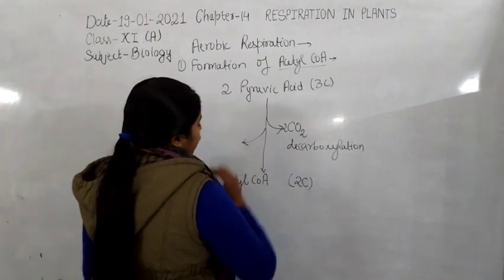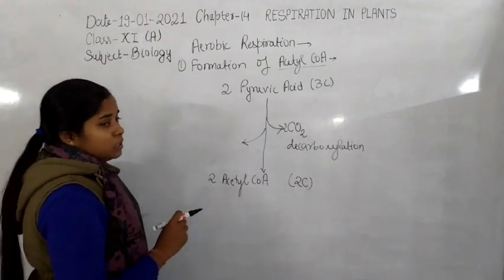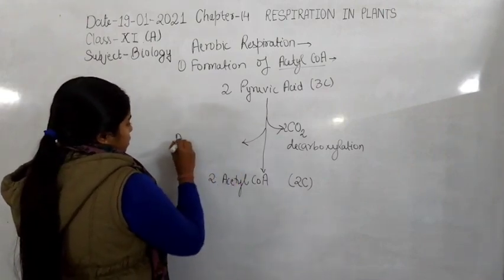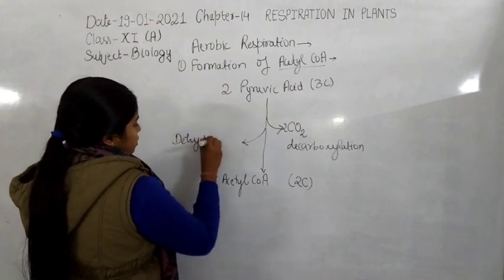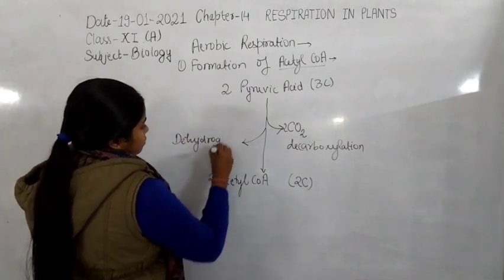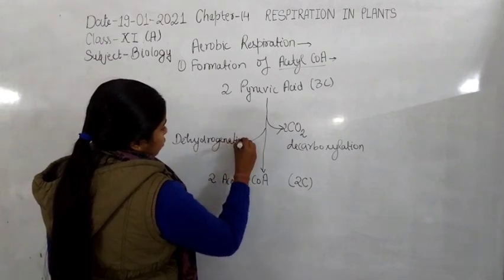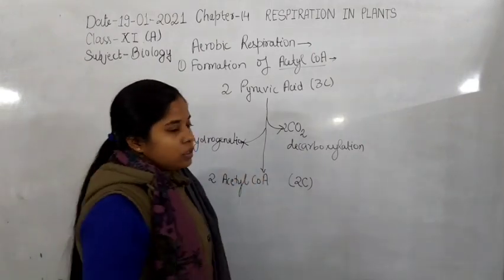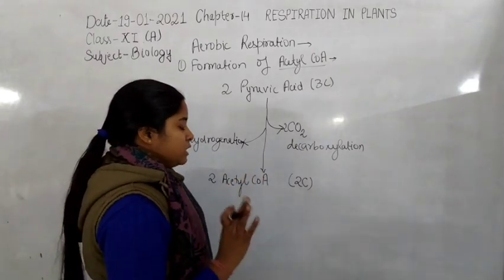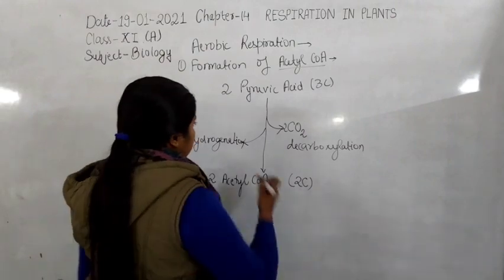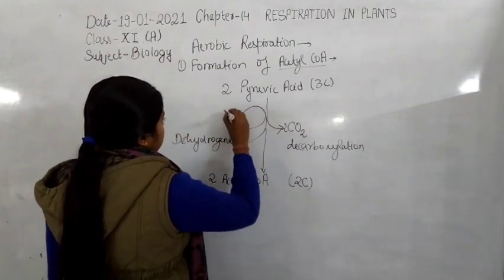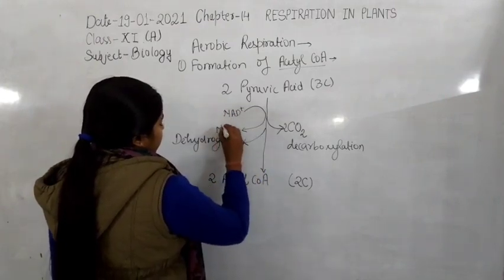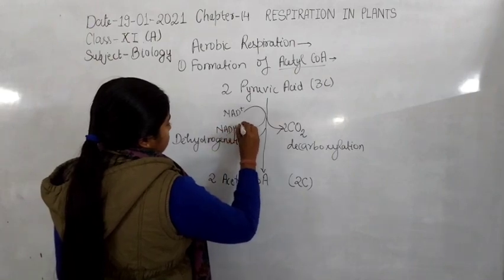There is also a dehydrogenation process in the presence of the enzyme dehydrogenase, and the decarboxylation also takes place in the presence of the enzyme decarboxylase, and there is a formation of NADH plus H plus from NAD plus.